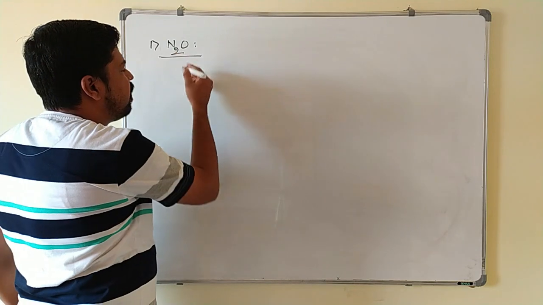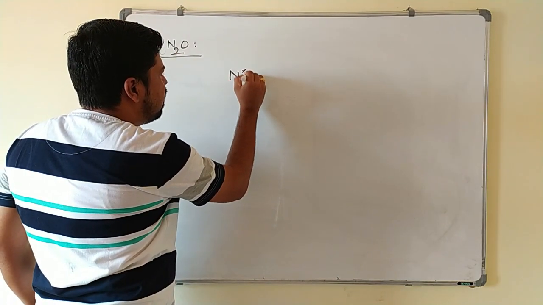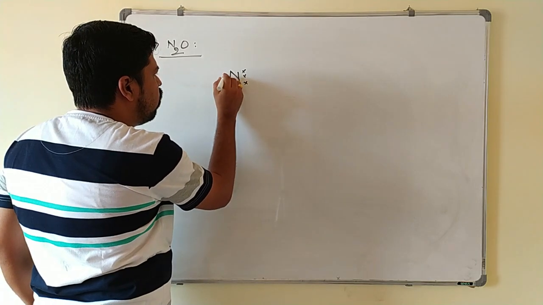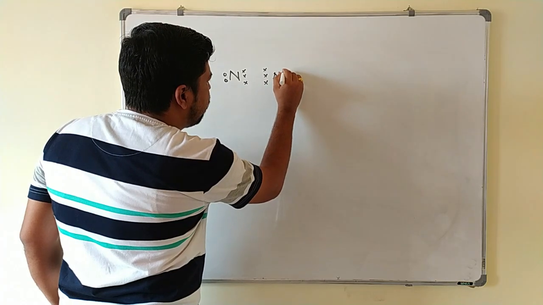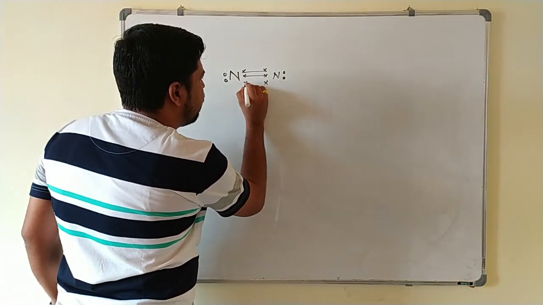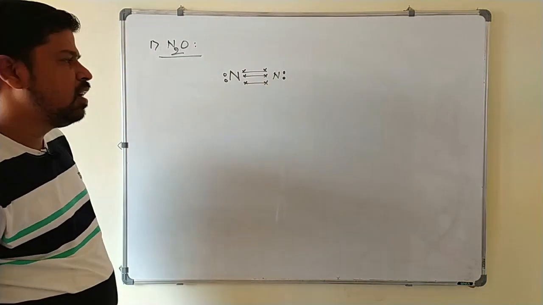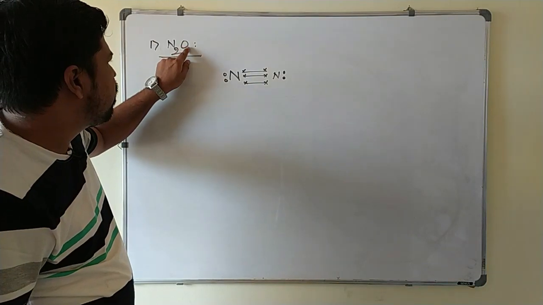Already we know the N2 structure. Nitrogen has 3 unpaired electrons and 1 lone pair of electrons, and another nitrogen also has 3 unpaired electrons and 1 lone pair. First we form N2, between which 3 bonds are formed. Next we have to add one oxygen.